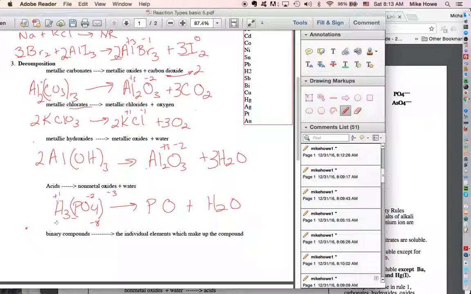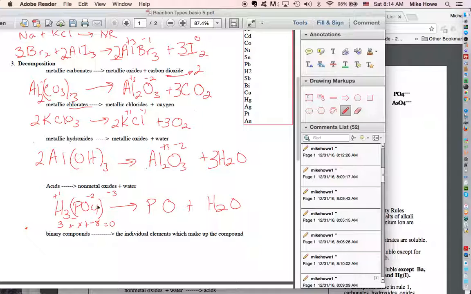Hydrogen is +1, times 3 is 3. So -8 plus 3 is -5. So what does the P have to be in order to make the whole thing equal 0? It's like 3 plus x plus -8 equals 0. So what is x?